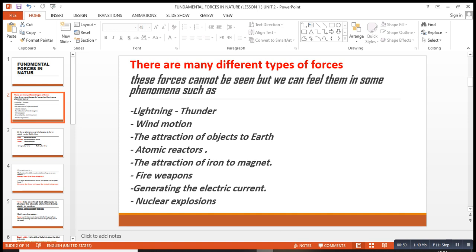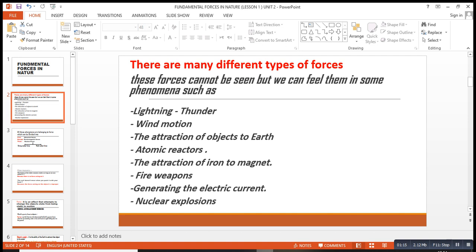Some of these we can see, like lightning and thunder, as happened last week. On Thursday and Friday we all saw the rain and the lightning and thunder in the sky. So they are called different types of forces.